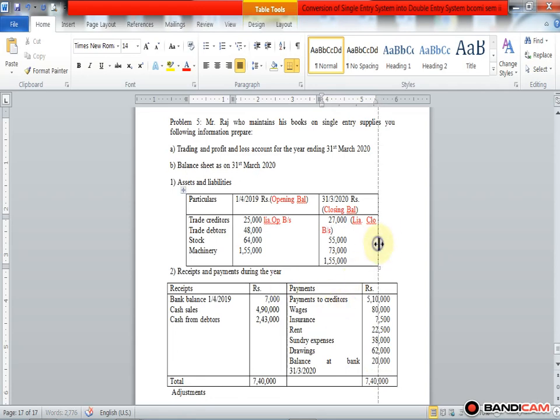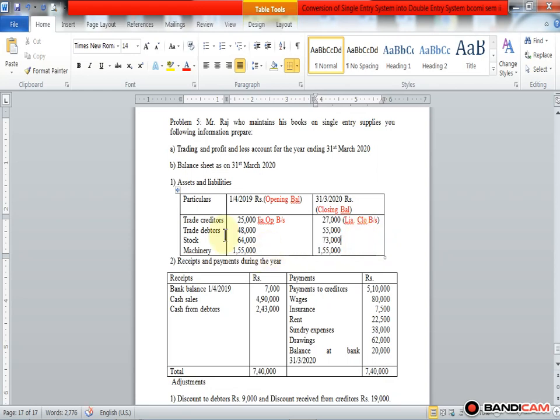BS means balance sheet. Got it? Then trade debtors are transferred to the asset side of the opening balance sheet, and to the asset side of the closing balance sheet.